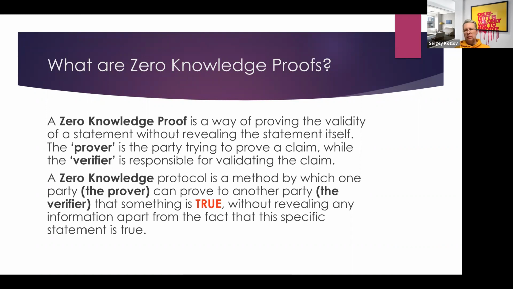It means that the verifier, the seller of alcohol, will understand from the zero knowledge proof that you are actually older. That's all that the verifier understands from the information you provided. There will be no information that you are 22 or 25 years old. So that's the key point.